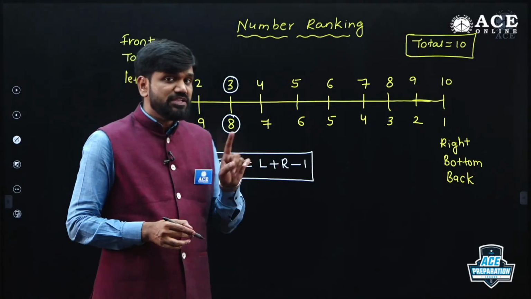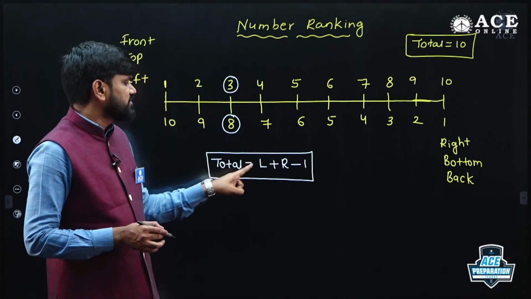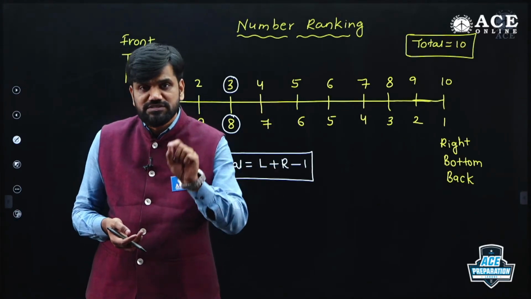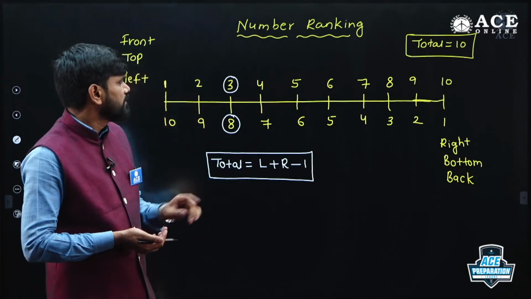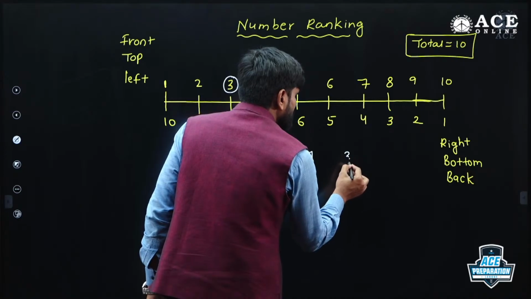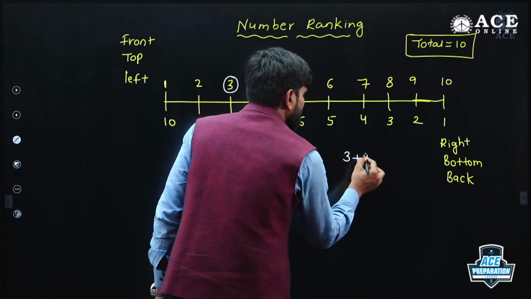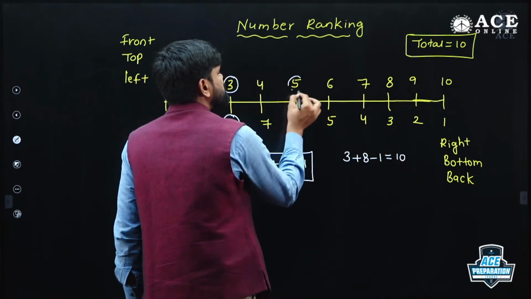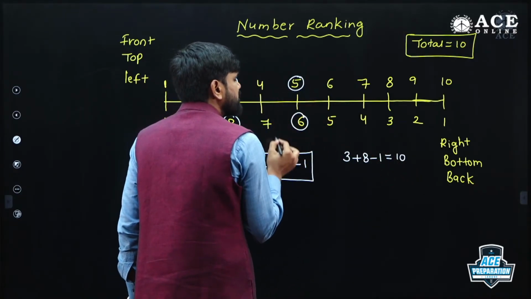Please remember, whatever position of the candidate from left and right you are taking, that should be the position of the same person we are talking about. So if you choose this person, 3 plus 8 minus 1 will give me how much? 10. Or otherwise you choose this person: the position from the left is 5, from right it is 6.